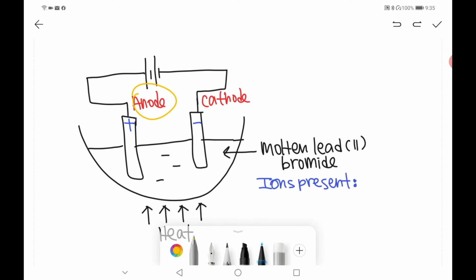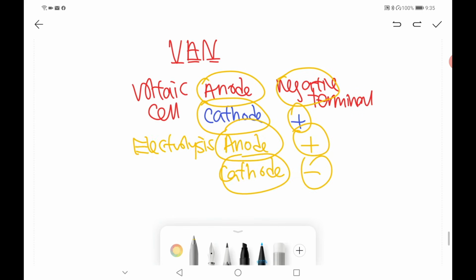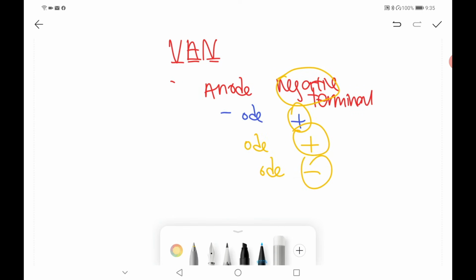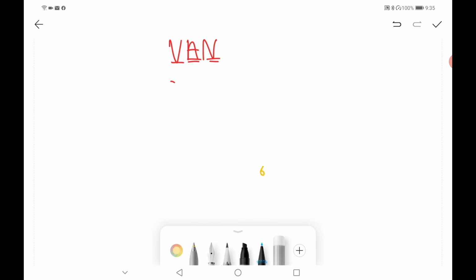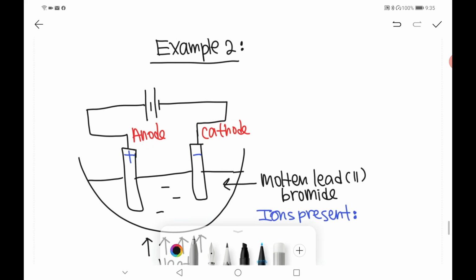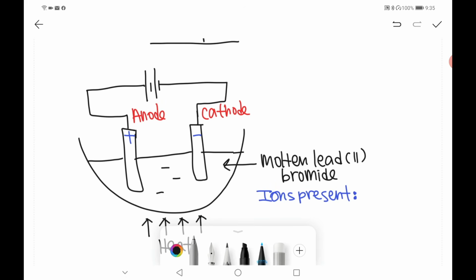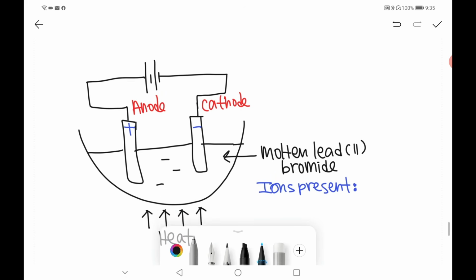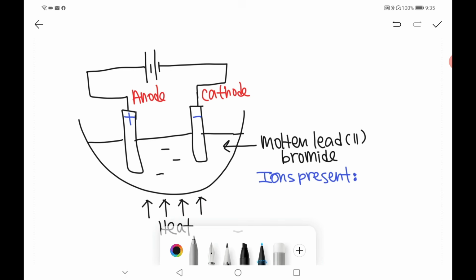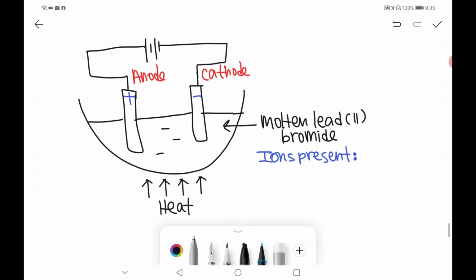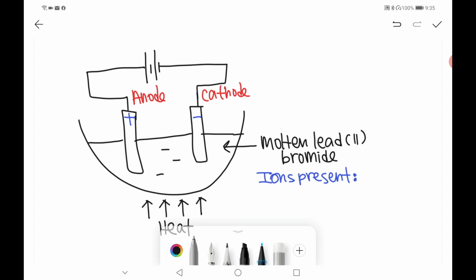You must be able to label your anode and cathode correctly. It's very, very important. So step number 1, we label the positive and negative terminal, anode and cathode. Step number 2, we must identify the ions that are present. What ions do we have?